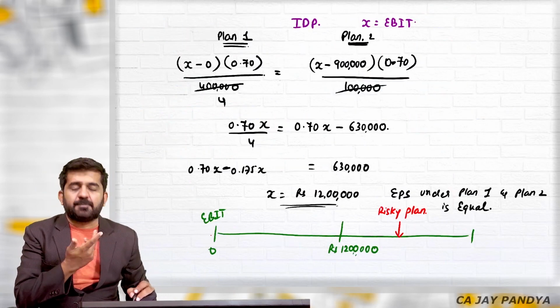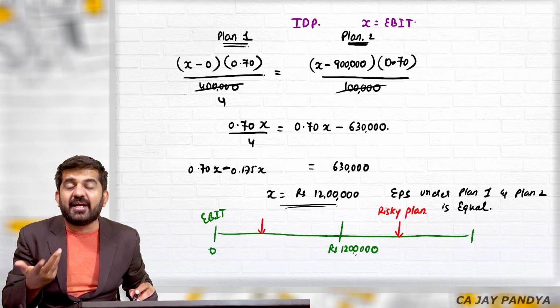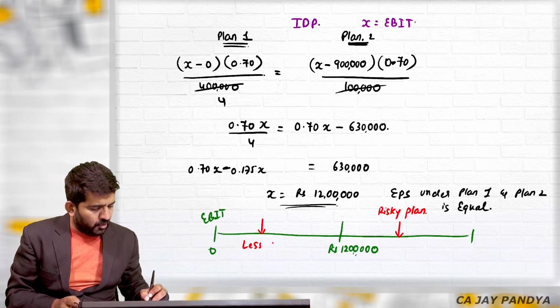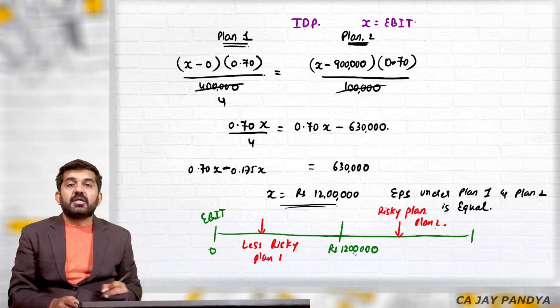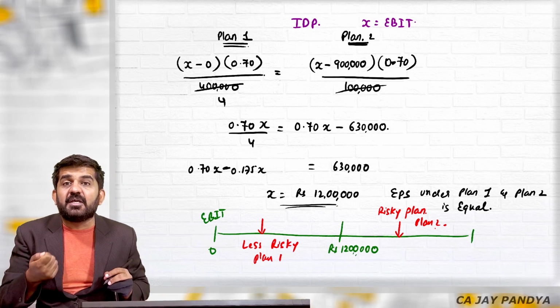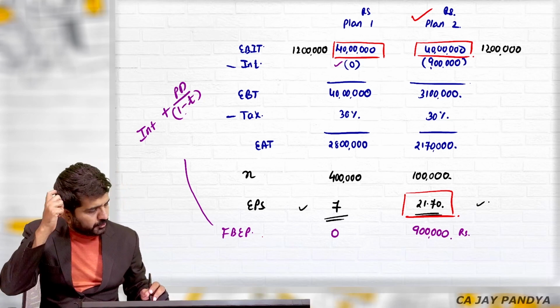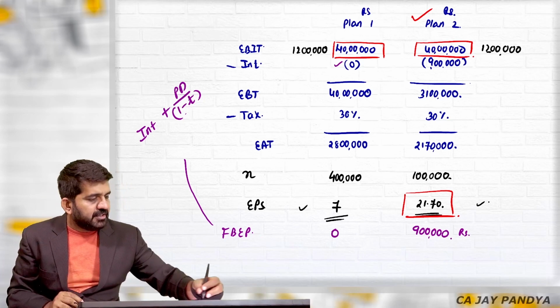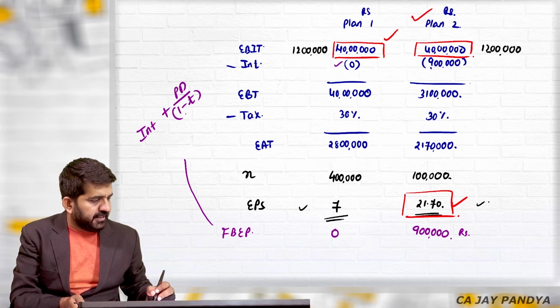And if your expected EBIT is less than 12 lakhs rupees, say your expected EBIT is 12 lakhs, you should go for the less risky plan, which is plan 1. This is understanding of EBIT EPS indifference point, which is not asked in this particular question, but you should have knowledge of it. So this is 40 lakhs. Which plan is selected? Plan 2 if you go for EPS.